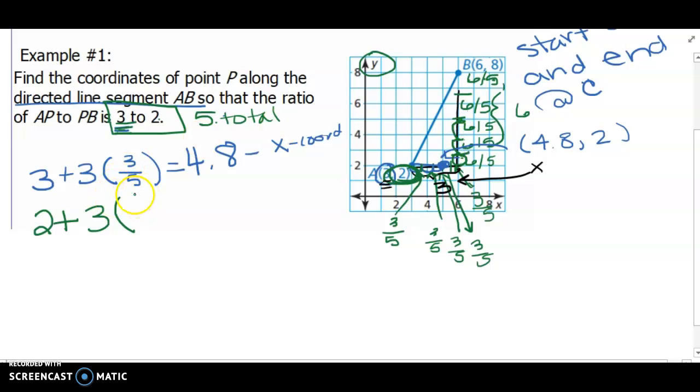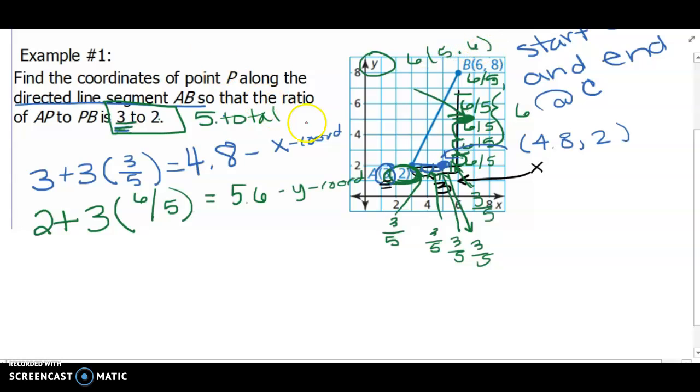So 3 times 6/5, put that in my calculator, 3 times 6/5 plus 2, I get 5.6. So this is 5.6, and once again, this is my y-coordinate. So what that means is this point right here is, what are we, 6?